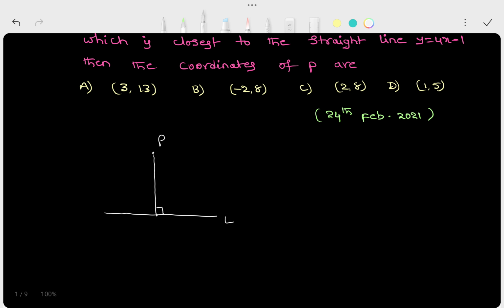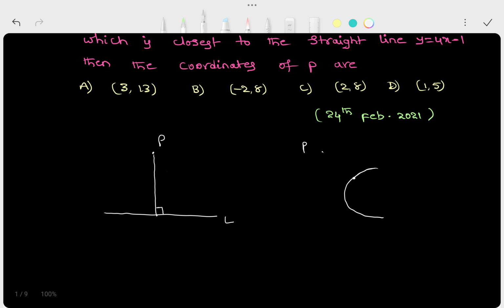Okay, and suppose I am given a curve. What is the shortest distance from the given point to this parabola? Let this be the curve. This curve may be a circle, or a parabola, or a hyperbola, anything.